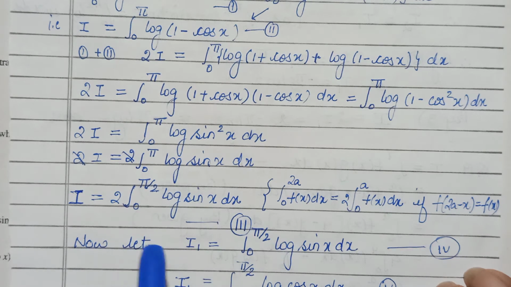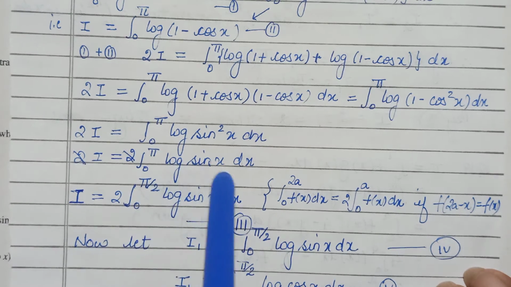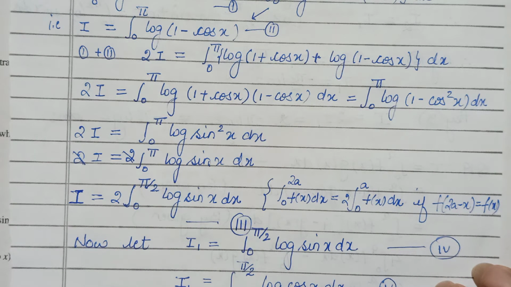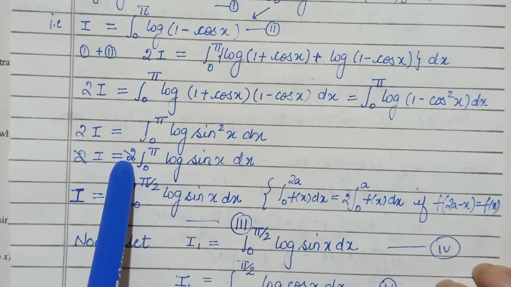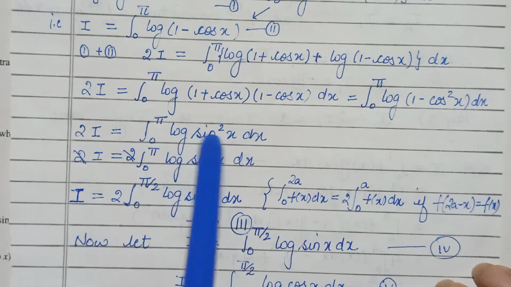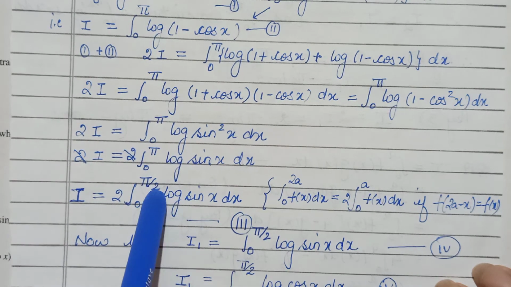You can show the property here, or I have quoted it orally in short. So this limit we have 0 to pi, we have written it as 2 times, sorry, this 2 was outside, which has balanced this 2 here. Now in the next step, this will become 2 times the integral from 0 to pi by 2 of log sin x dx.